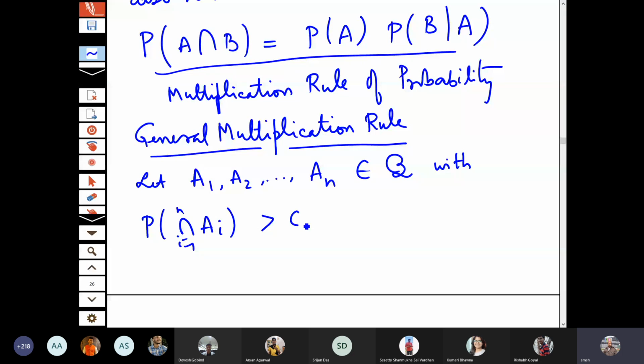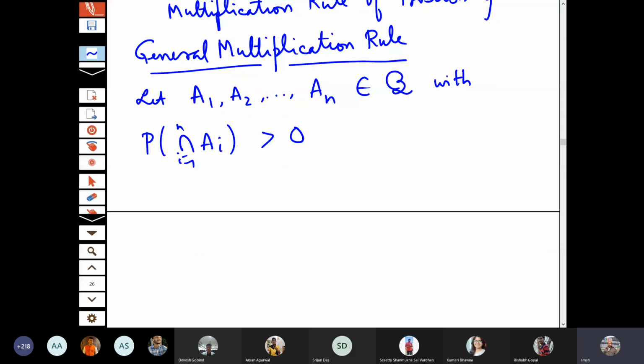So rather than writing down that the probability of A1 is positive, A2 is positive, etc., I am taking the probability of the smallest of them to be positive. So naturally, it will mean that probability of A1 intersection A2 will be positive. Probability of intersection of three of them is also positive, and so on.